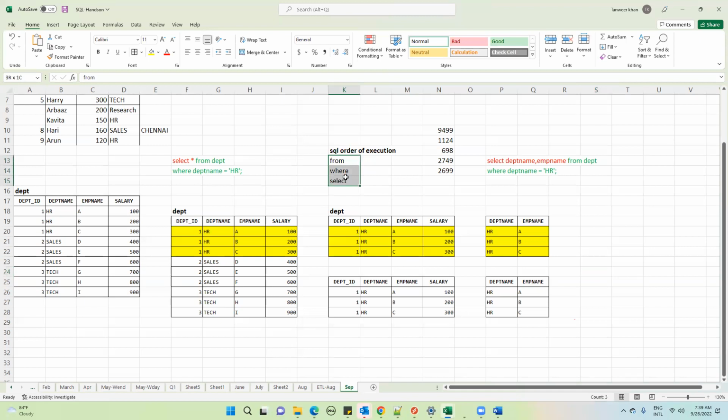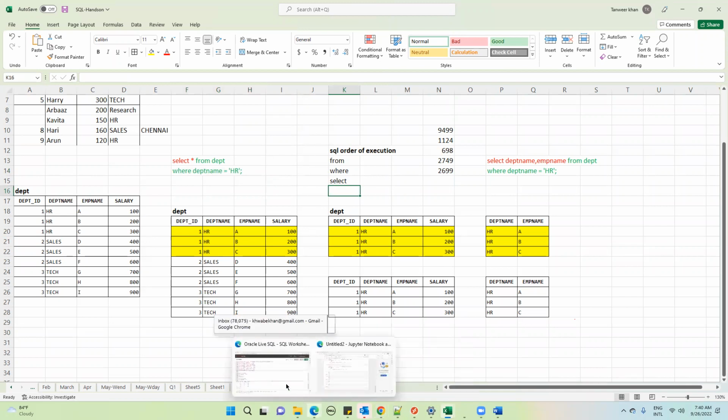So why can't we write in this sequence, from, where and then select? Okay, good question. If it works in this order, then why am I writing select first, then from, then where, right? I told you in the beginning that I will answer this question once we reach some maturity level. Then I will answer this: what is the reason that you have to follow this syntax only?